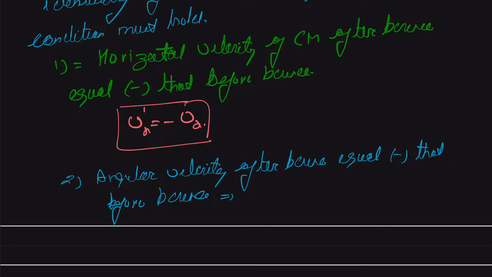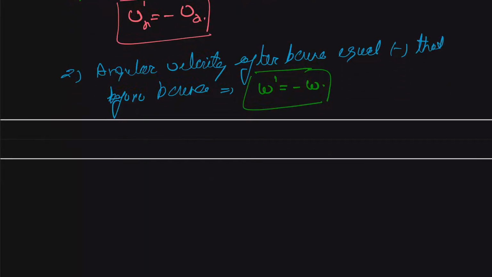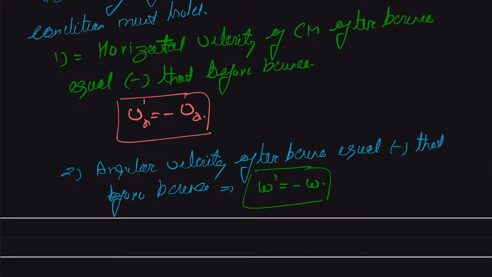Which means that our omega prime should be equal to minus of omega. So if these two conditions are satisfied, then it is going to bounce continuously, repeatedly between point A and point B. Okay. And here we have to remember that Vx is our horizontal velocity just before our impact, and omega is angular velocity just before impact, and the prime version is after the impact.